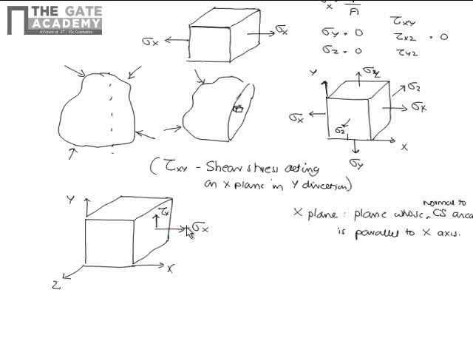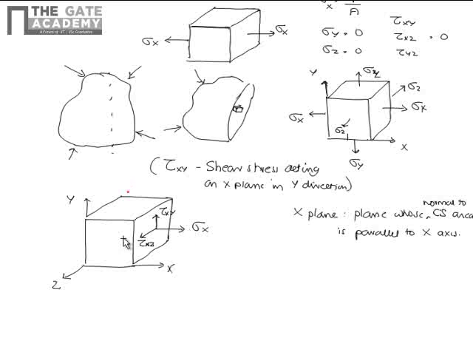This shear stress is acting in the y direction, so we call it tau xy. We have one more shear stress, which is tau x again because it is acting on the x plane, and z direction, so it's tau xz. So this should be very clear. Tau xy means the shear stress acting on the x plane in y direction, and tau xz is the shear stress acting on the x plane in z direction.